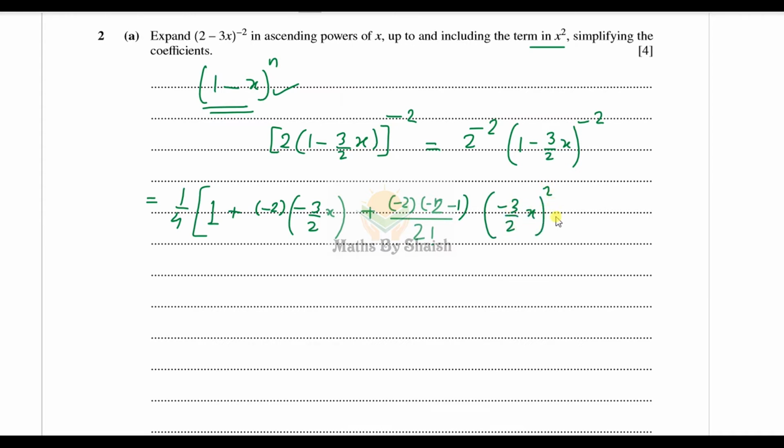And the next terms will continue in this way, but we don't require more terms because this is till x squared, including x squared. So that is the last term we'll write, and the rest we'll leave as dots.